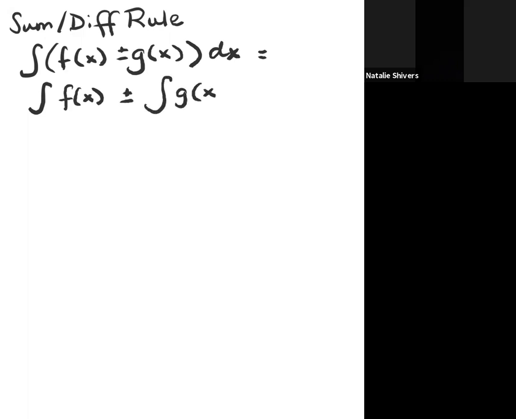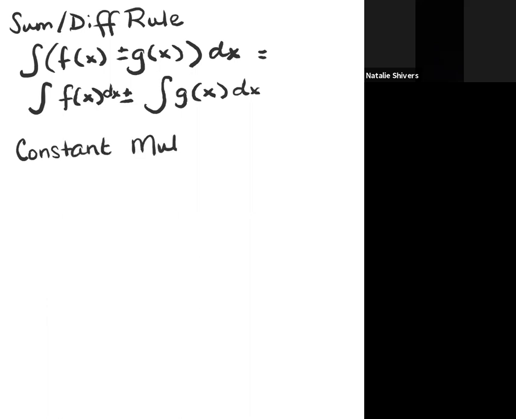So you can separate them if you want to. Oops, I always kind of forget that they need dx's at the back. So they're supposed to have dx's there. It's easy to forget.